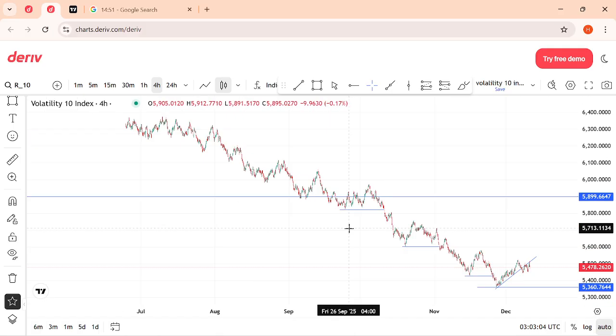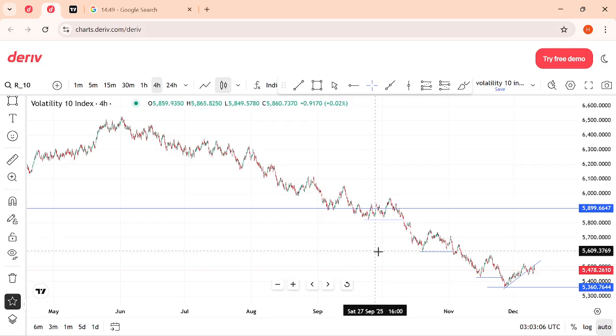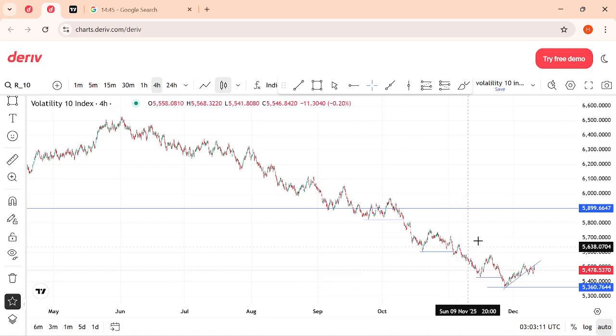One is a possibility that a change of character is on its way, which is to give a reform for a buy based off of what we are seeing on the monthly time frame, which is rejection coming from these lows.